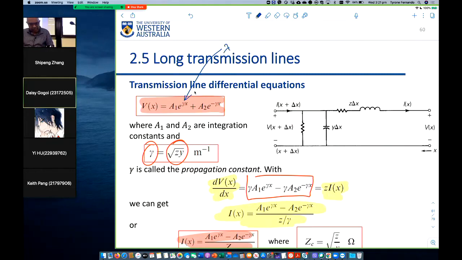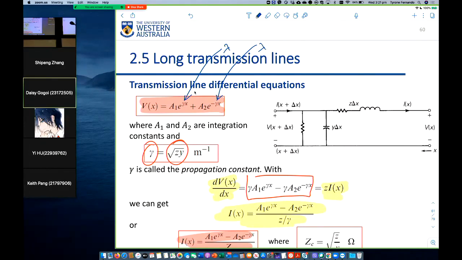You can use gamma in the characteristic equation if you want. It doesn't matter, it's the same thing. If I rewrite the characteristic equation with gamma, nothing changes. I wrote lambda squared, doesn't matter. So that's it. Gamma is square root zy.